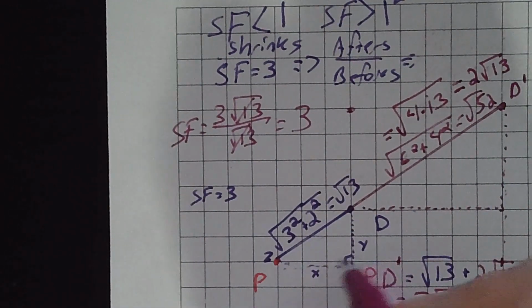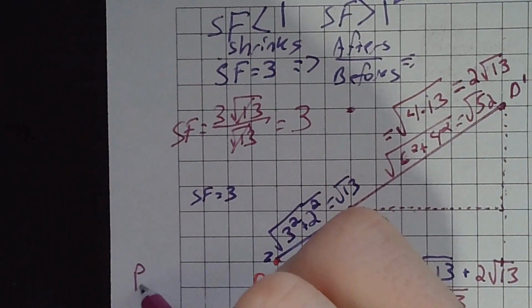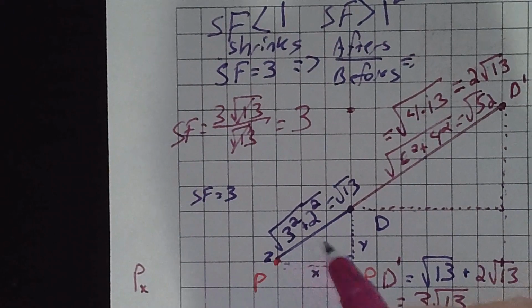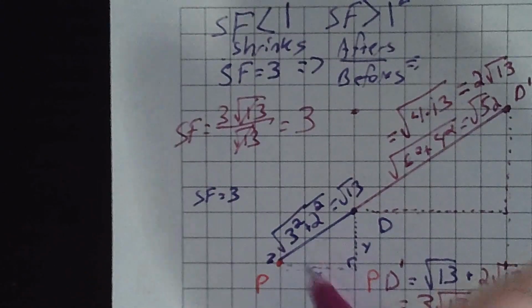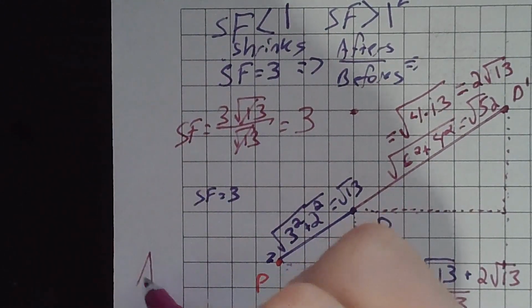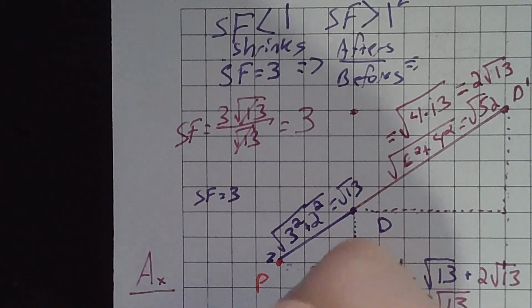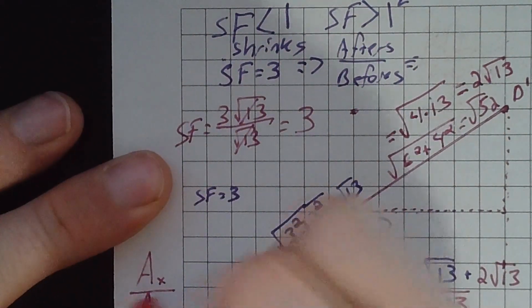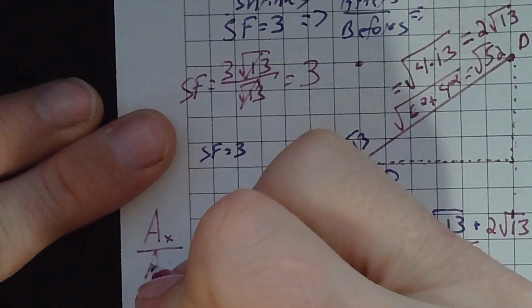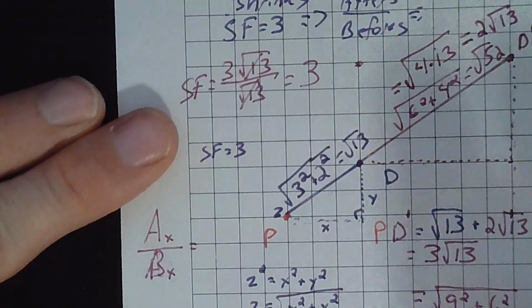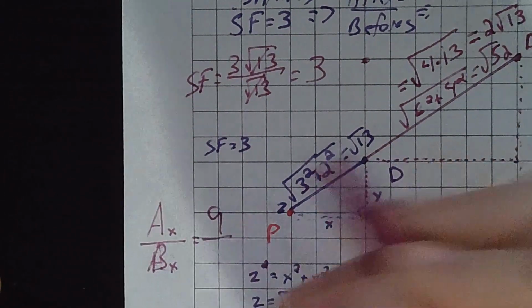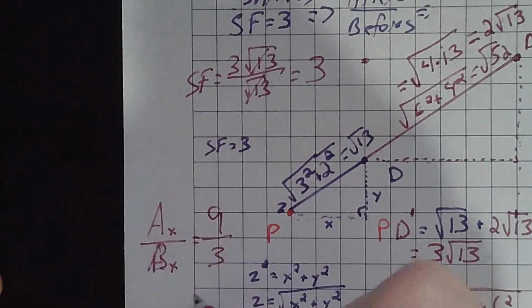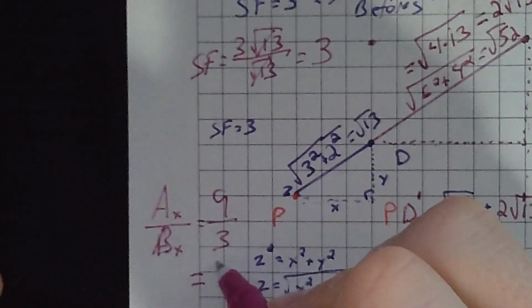So your after distance of the x value divided by your before distance of the x value: your after distance is 9, your before distance is 3, and 9 divided by 3 is 3.